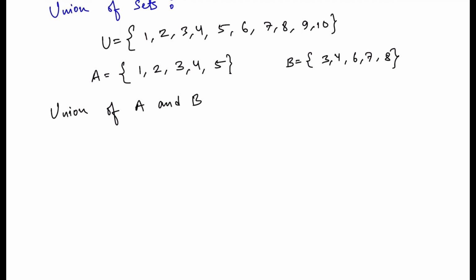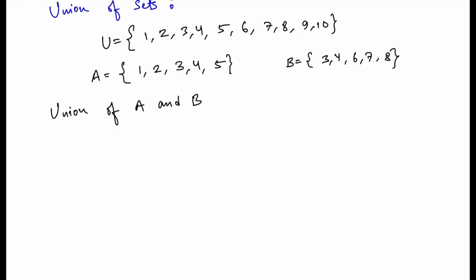Suppose there are three sets, then the union of those three sets will have all the elements of those three sets. So union of any number of sets will have all the elements of the given sets. That is the meaning of union of any two or more sets.